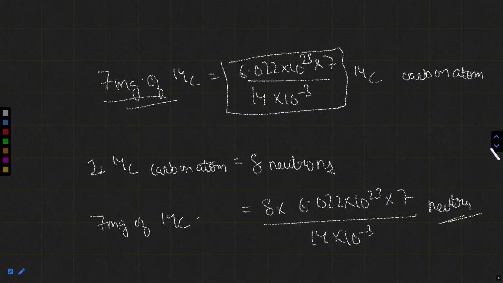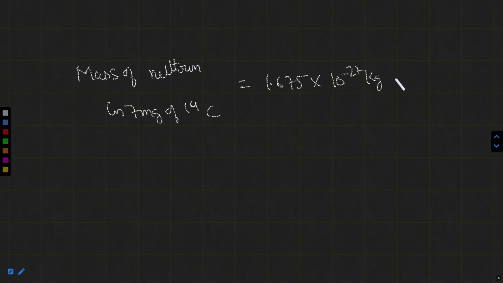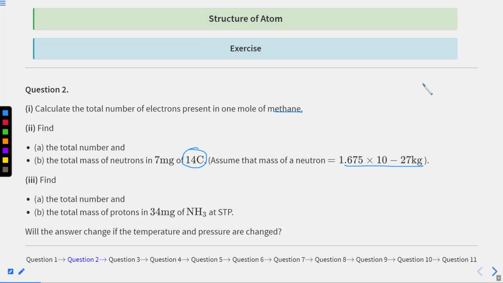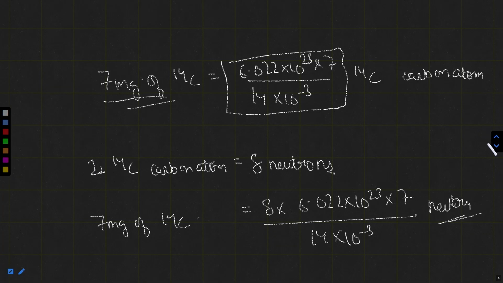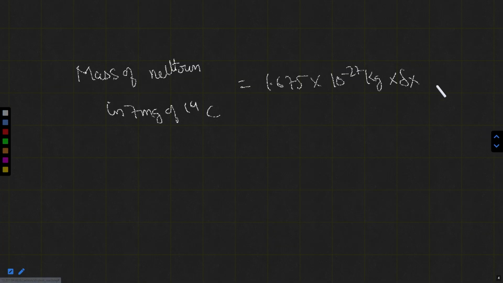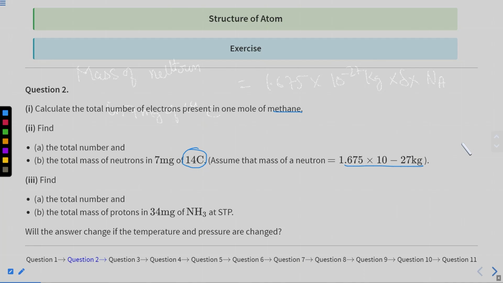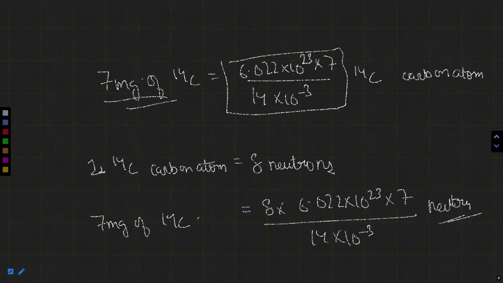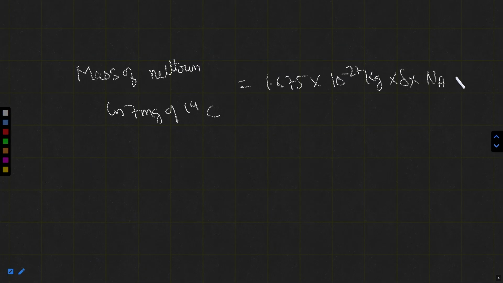So it looks lengthy, but if you are clear with the concept, then it would not create any problem. I am writing this 6.022 × 10^23 as Na. That is our Avogadro constant. Multiplied by 7 divided by 14 × 10^-3. This much gram. Or sorry, kg.